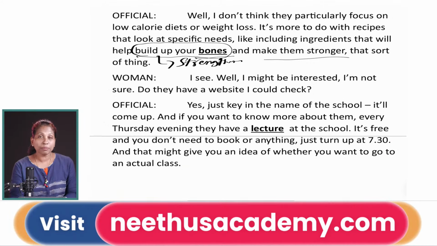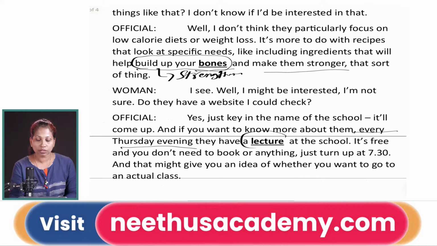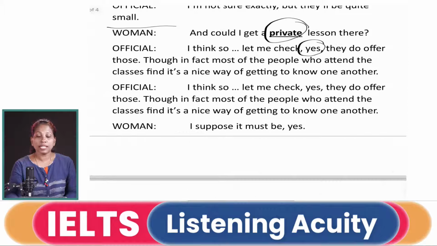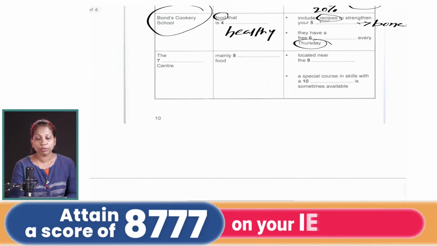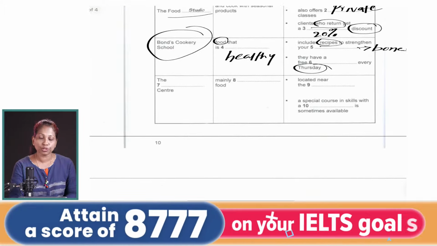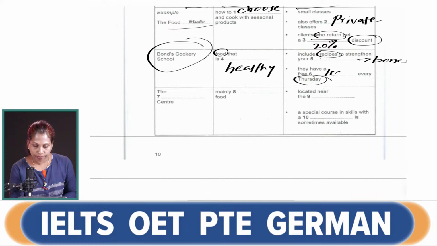Okay, so what they give on every Thursday, they give a lecture at the school, and it's free, but that is not for our need. It is only some information which is given. We are looking at what happens on Thursday. So on Thursday there is a free lecture at 7:30 which happens for the people who want to join, right? So the answer is free lecture.